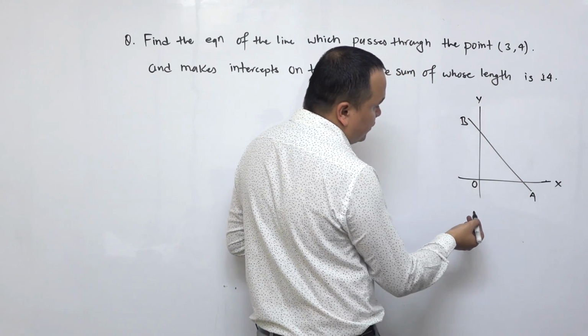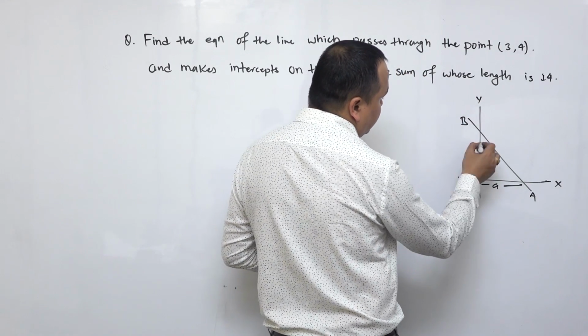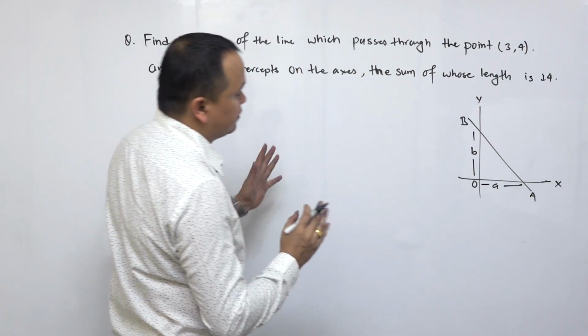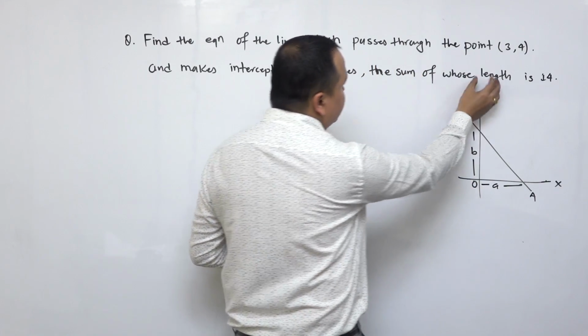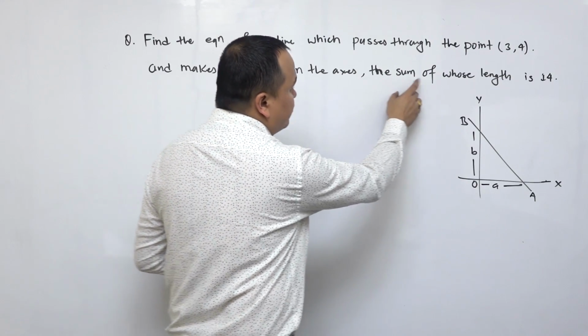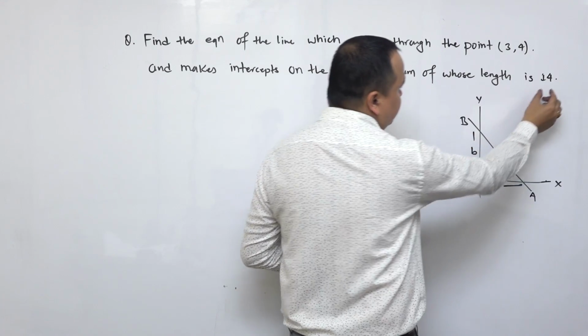The line AB makes intercept A on x-axis and B on y-axis, the sum of whose lengths is 14, that is A plus B is 14.